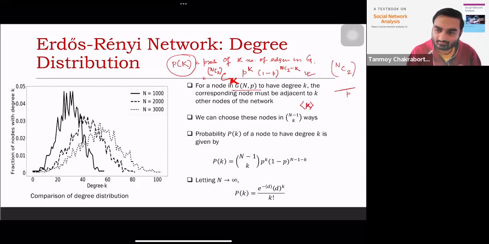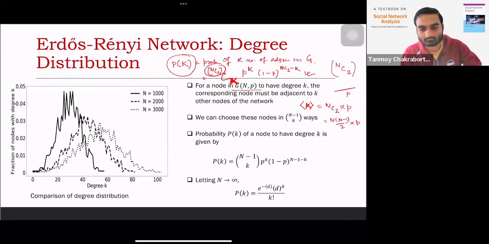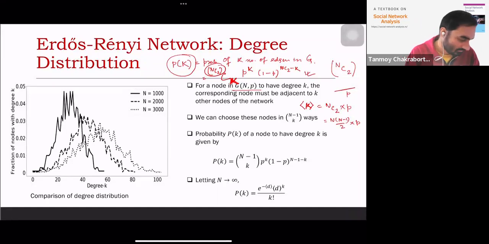It is N into P. What is N here? N is the total sample size, which in our case is NC2. So this times P is the mean. This is N into N minus 1 by 2 into P. So this is the mean number of edges.